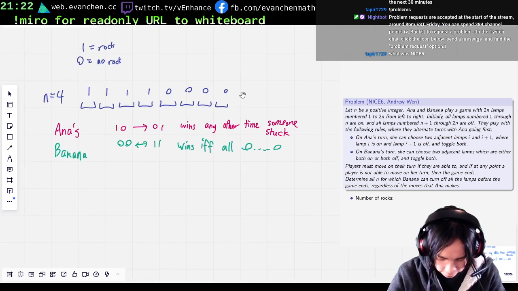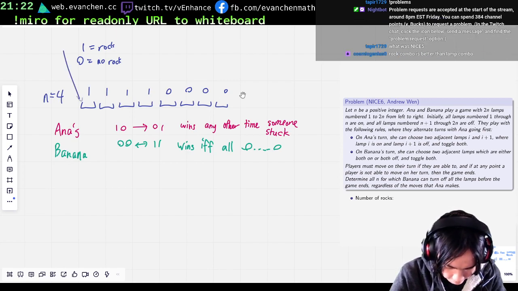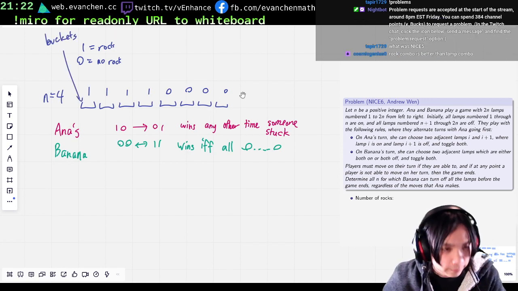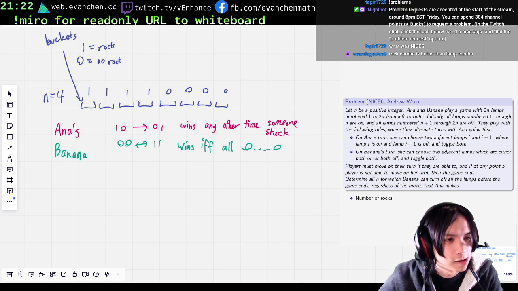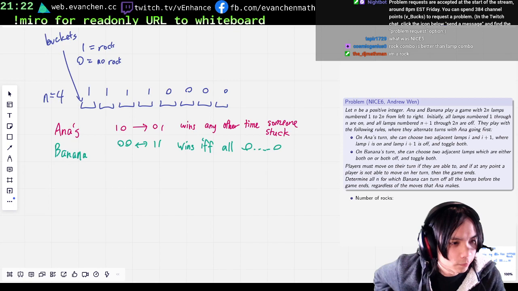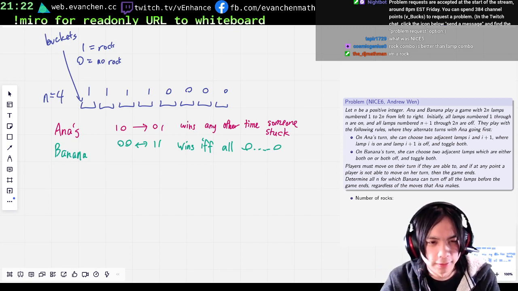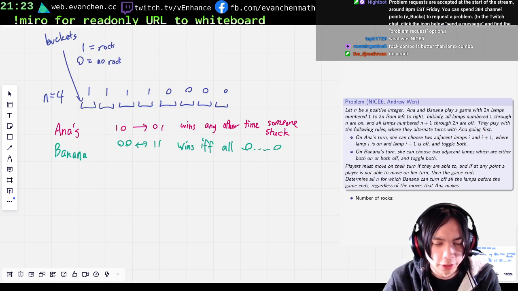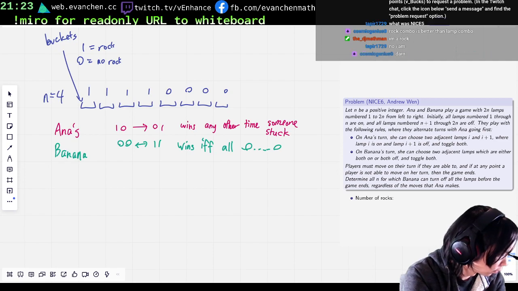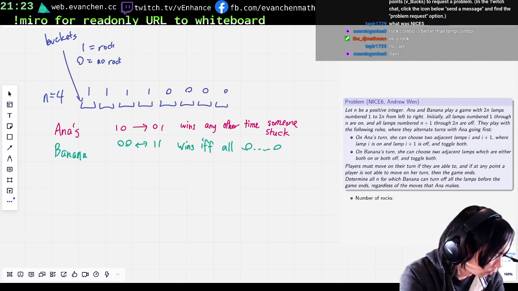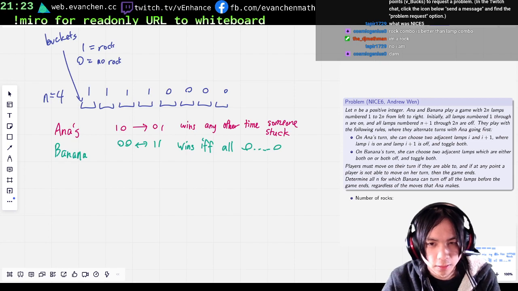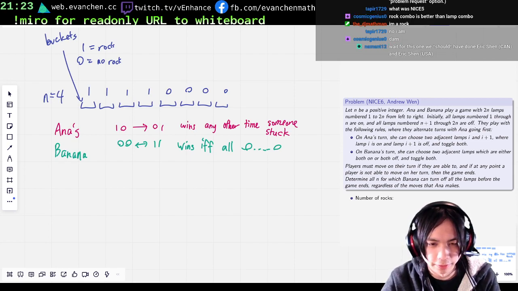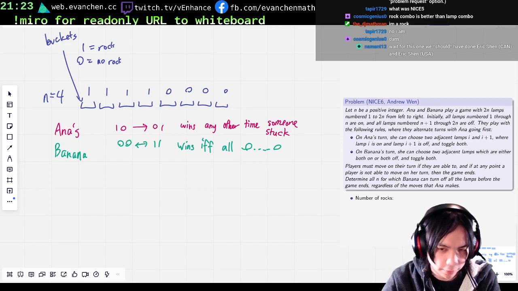And you can pretend that these things are buckets or something. Okay, so the number of rocks is a thing that only changes by one on Anna's turns, and doesn't change otherwise.